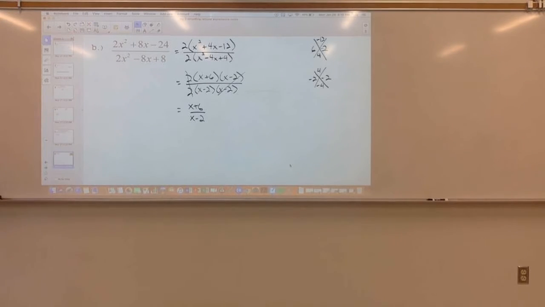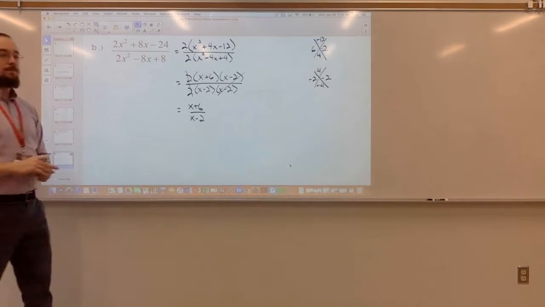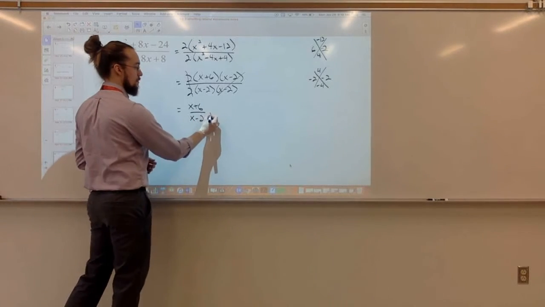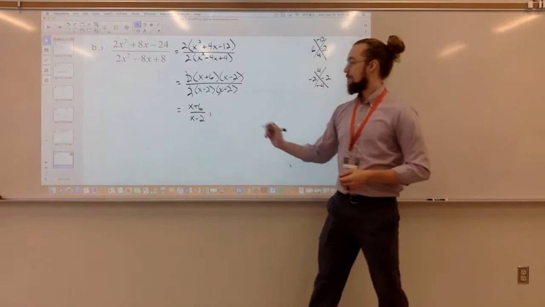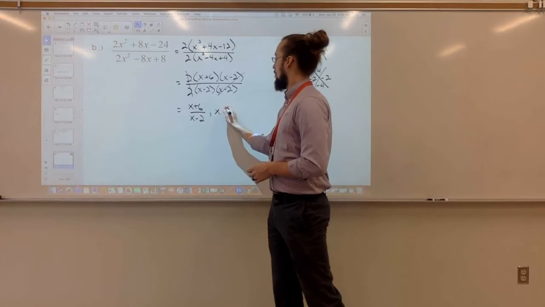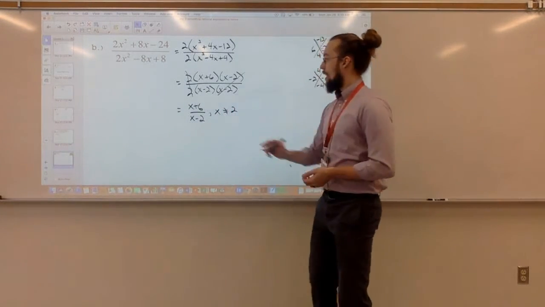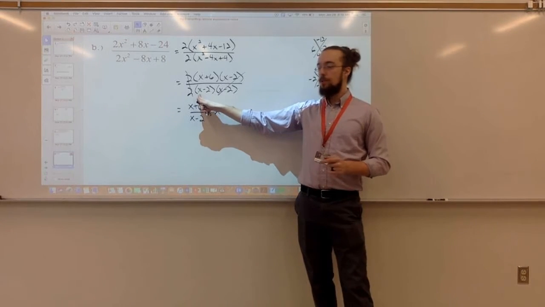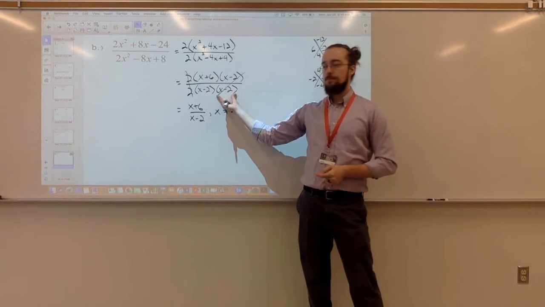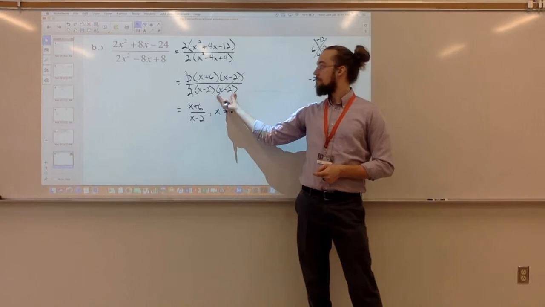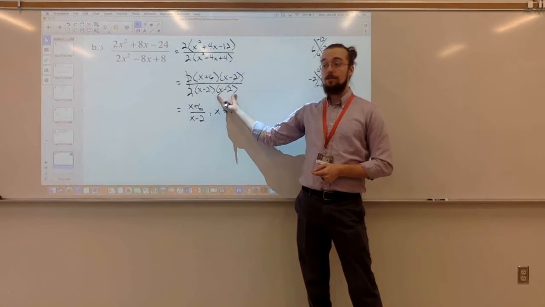Now, what would my restrictions be? Before we get rid of anything. Say x cannot equal positive 2. And if I plug positive 2 in here, 2 minus 2 would be 0. What about this one? Same thing, right?